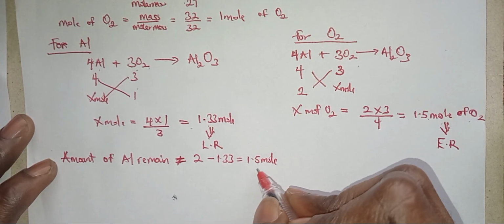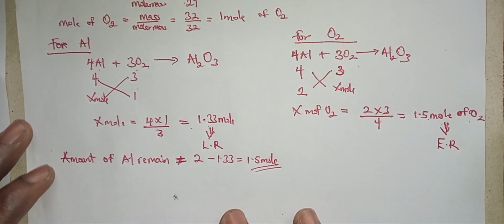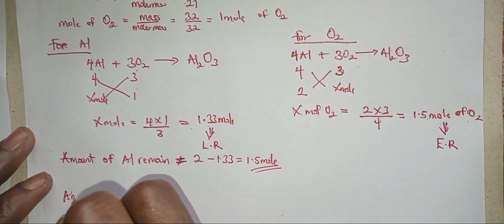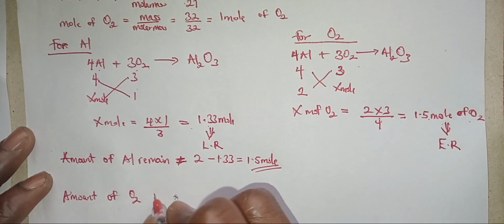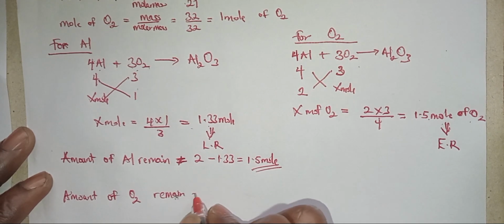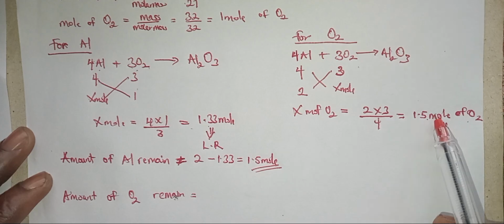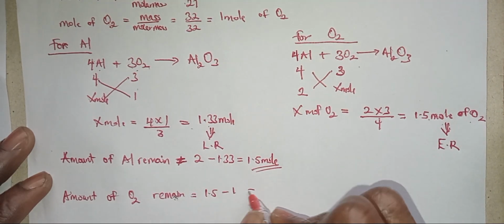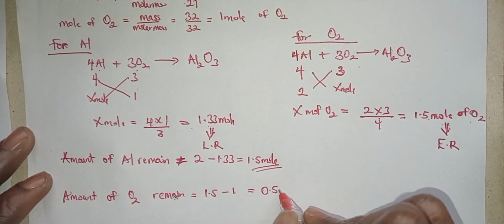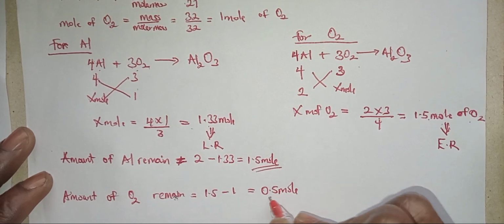For the amount of oxygen gas that's going to remain, it is 1.5 minus 1, so the amount of oxygen that's going to remain is also 1.5 mole.